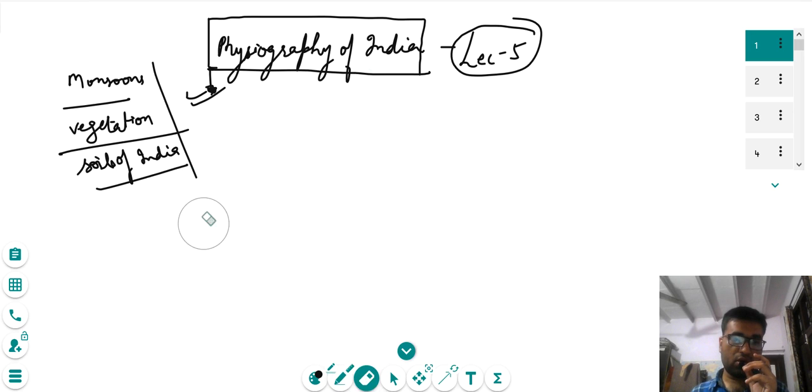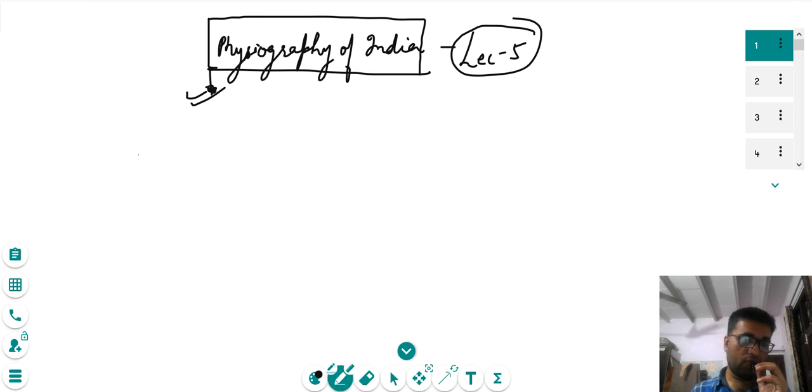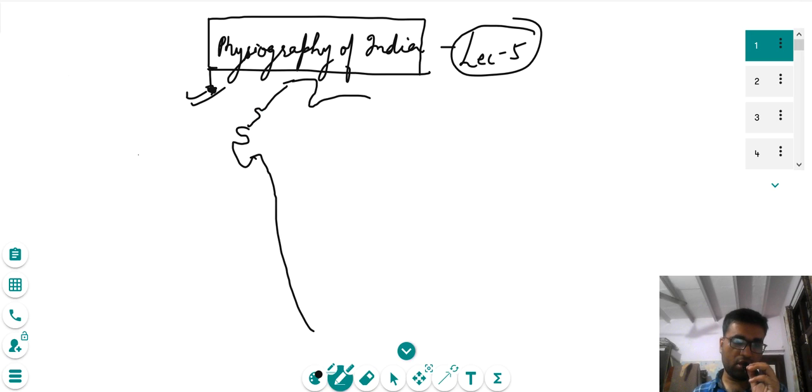Right. So let us start with the topic of this class, that is physiography of India. In this physiography we will divide the Indian peninsula. We will study the Indian peninsula, starting from this, the Gujarat, this is the Rajasthan area, this is the Aravali, and this is the peninsula.